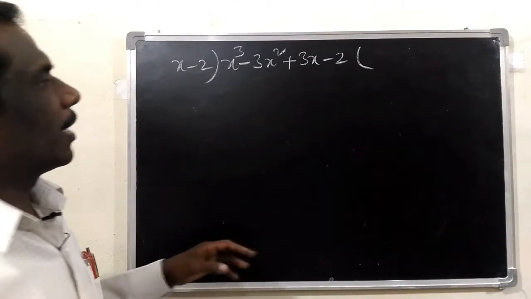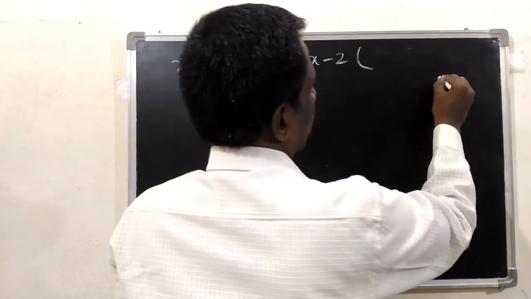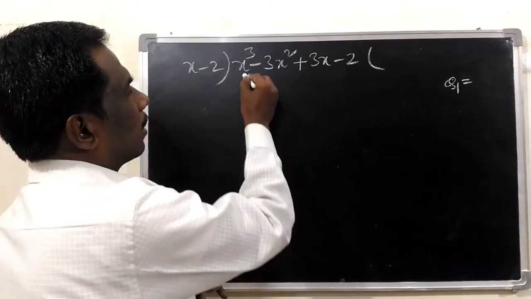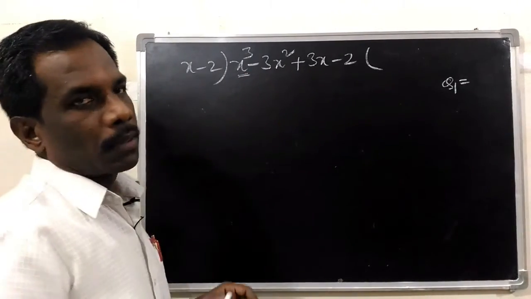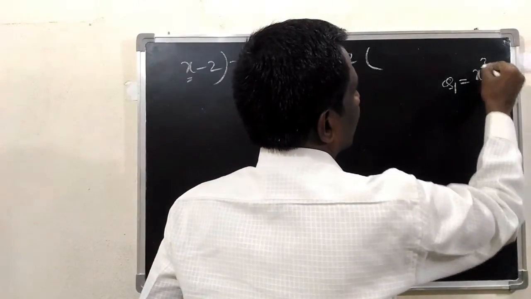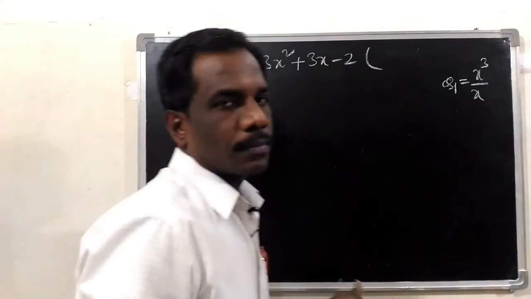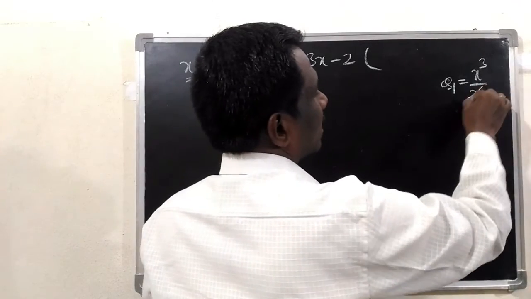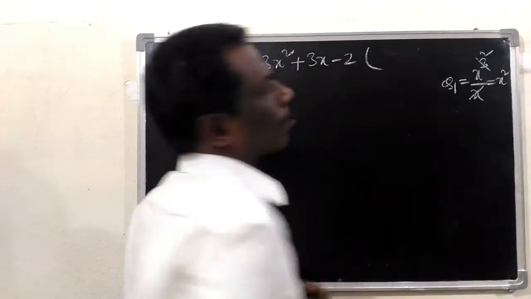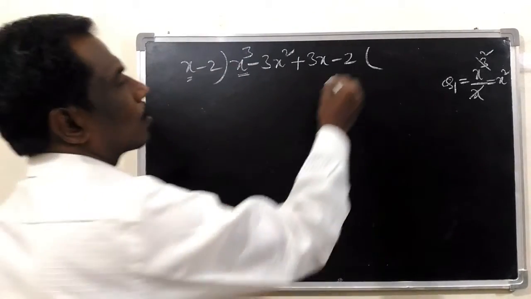Let us divide it. To find the first quotient, divide the first term of the dividend by the first term of the divisor. Write x cube by x, so cancel this x and write 2, equals x square.